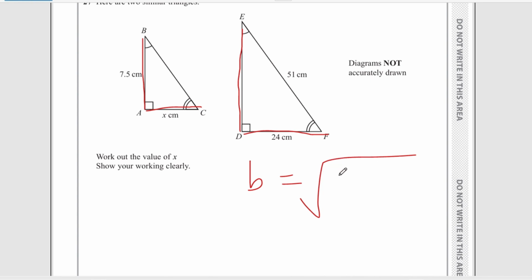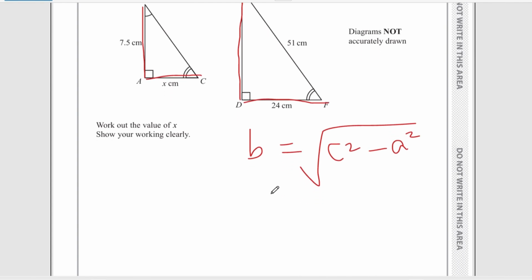In Pythagoras theorem, b is the square root of c squared minus a squared, assuming 24 is a. So b is equal to square root of c squared minus a squared. Now you can see c is 51, square root of 51 squared minus 24 squared.